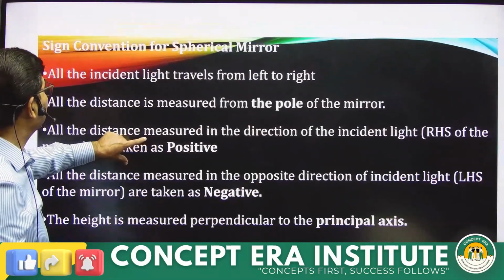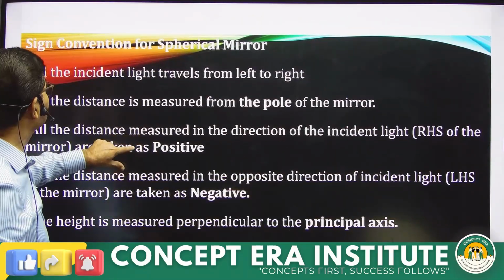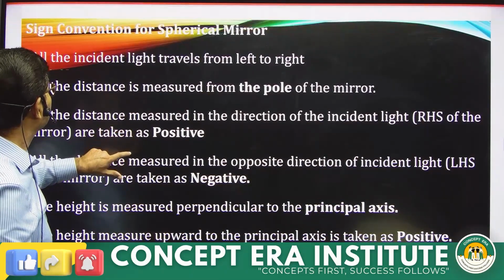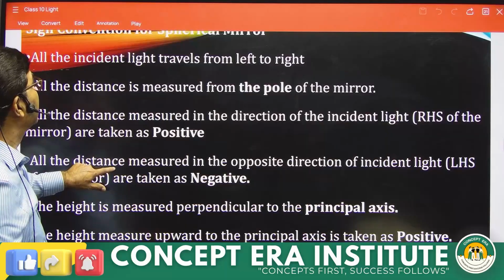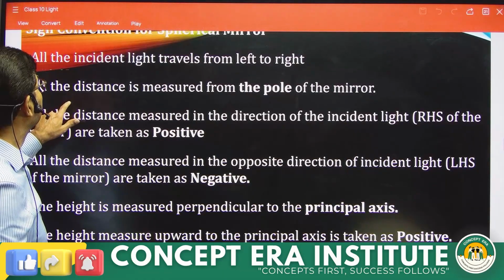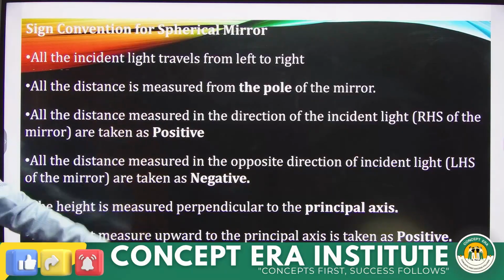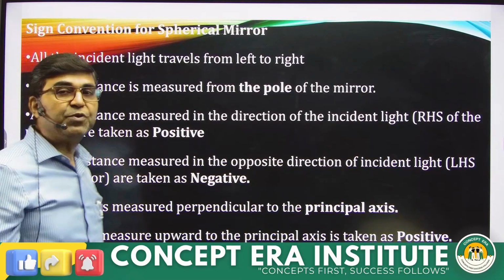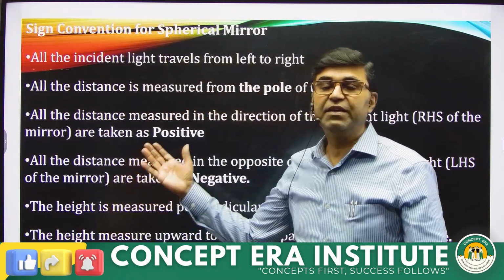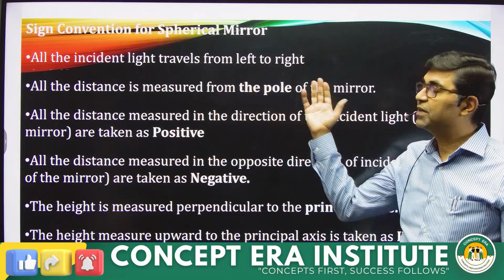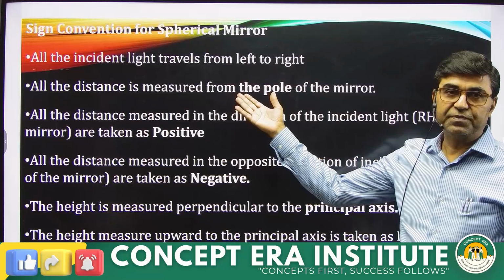Now there's one more important topic that is slightly confusing with the students, the sign convention. In the textbooks, the sign convention is given in a quite complicated way, but I'll make it simpler for you.